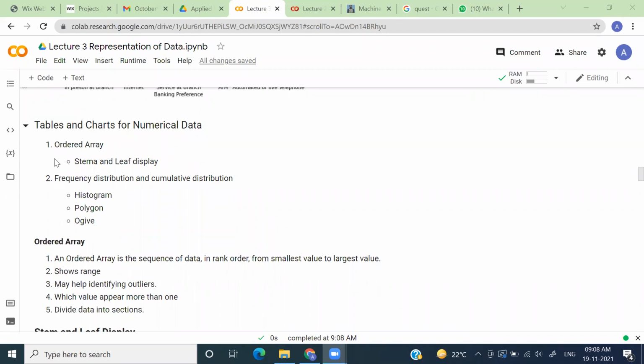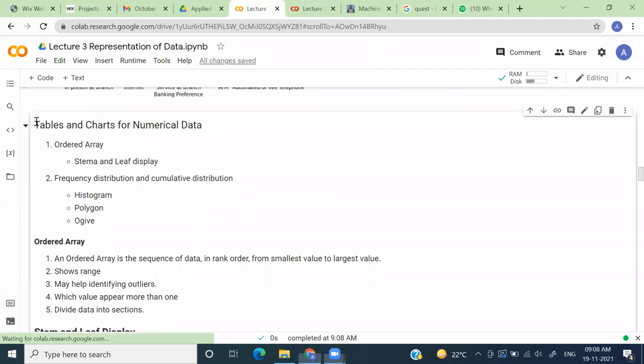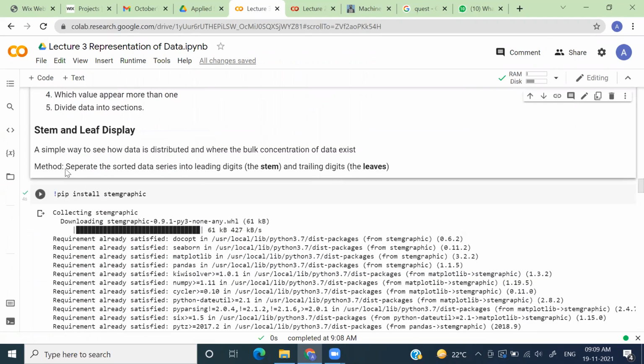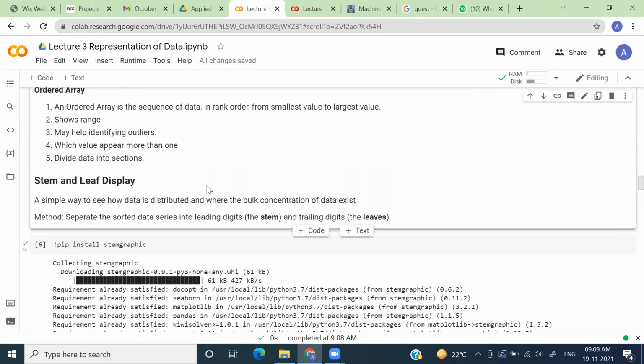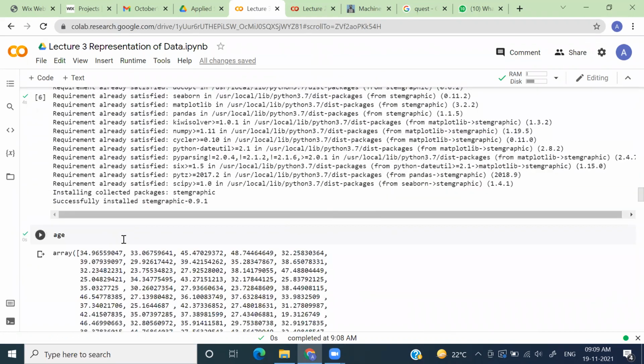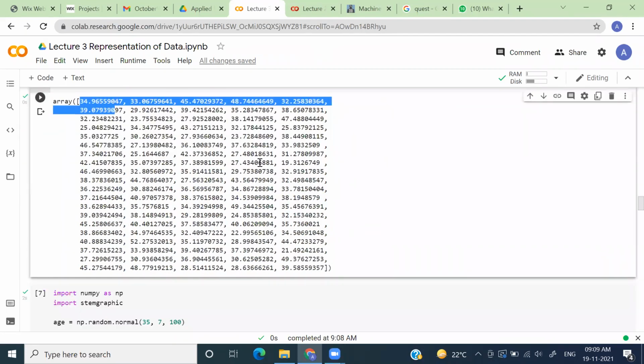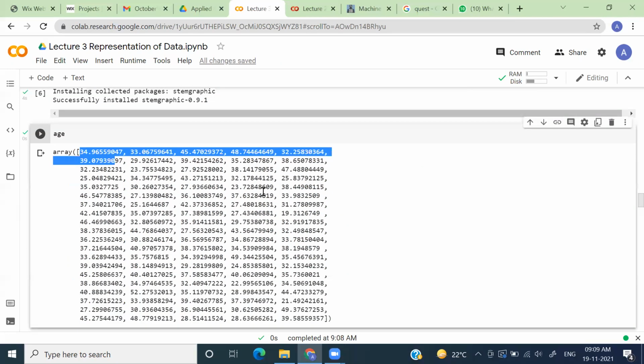Yep. So this is the part from which we are going to start. We are going to see the visual representation of numerical data. We're starting with stem and leaf display. So let's say somebody has given you the age of 100 people, right? So this is the age of 100 people. Now you want to see what is the most common age.